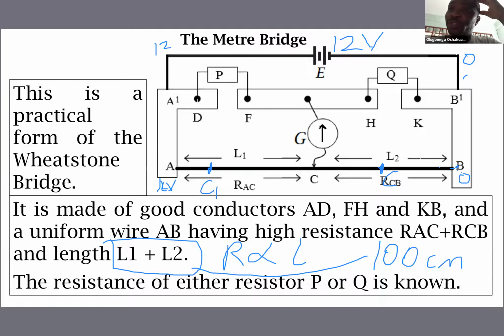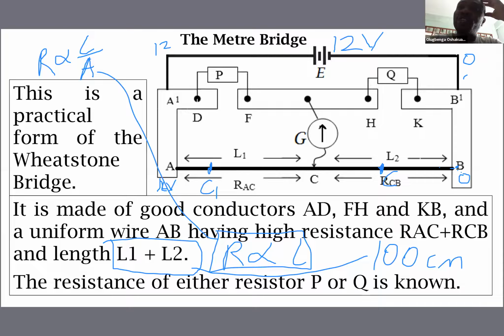If we want to talk about the constant of proportionality here, for the sake of knowledge, the resistance of a wire is directly proportional to the length and inversely proportional to the cross-sectional area. There is a constant of proportionality rho, which is the resistivity. That leads us to say that R is equal to rho L over A. But in this case, A is uniform.